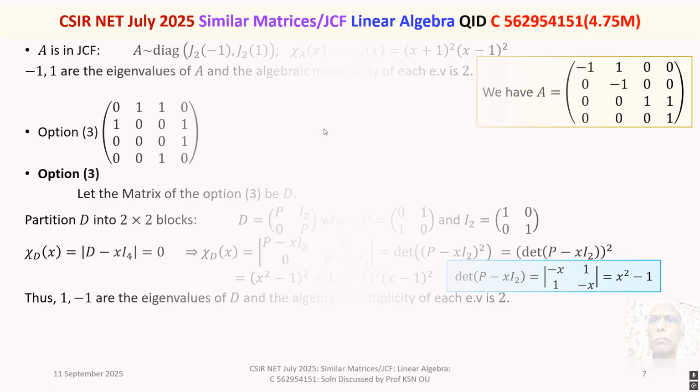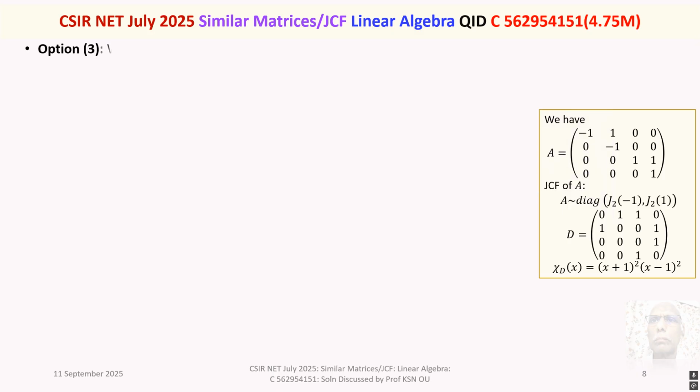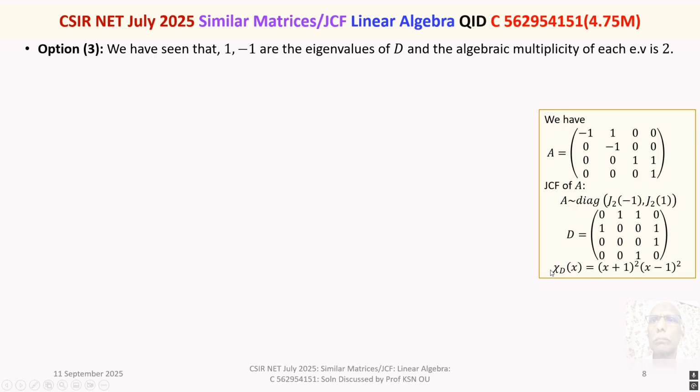We also write this is A, JCF of A, and D; the characteristic polynomial of D is here.